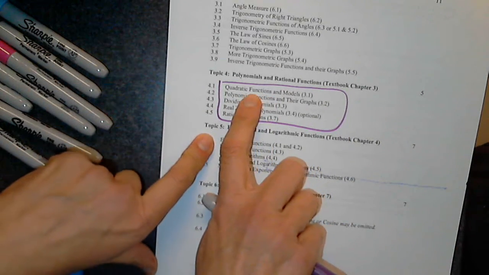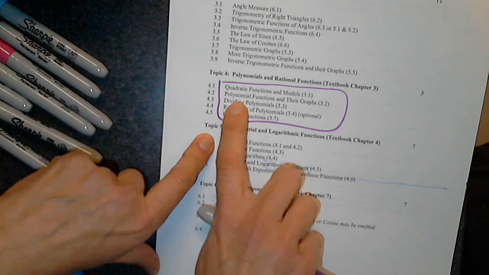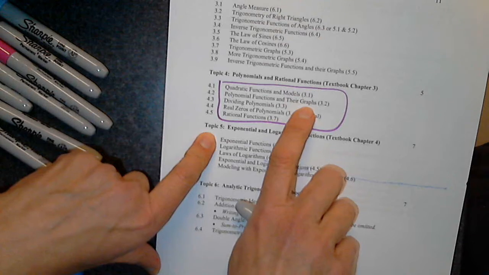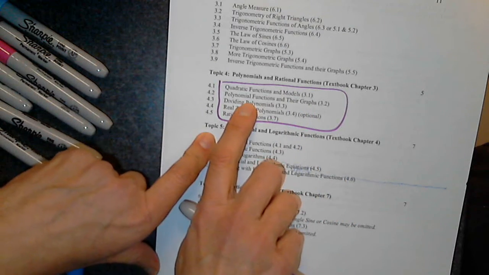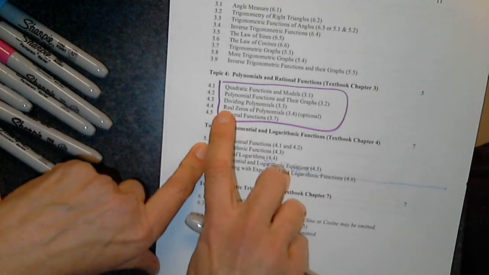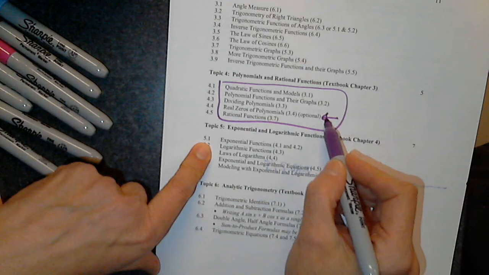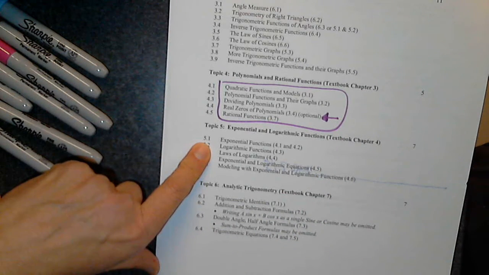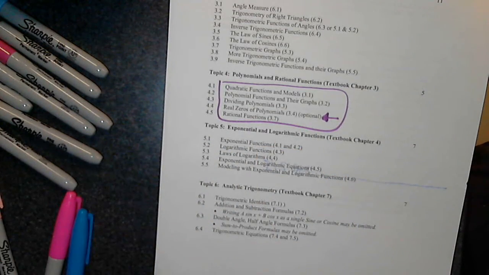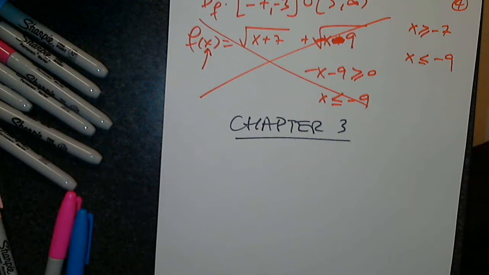We've seen this before in a different course. Polynomial functions, they're not clear. We will talk about them in detail, and they will be very clear. Dividing polynomials, we'll review that. Real zeros of polynomials, this is optional. I'm just going to mention it. I'm not going to test you on it, but I'm going to mention it. And then rational functions. Okay, so 4 sections.